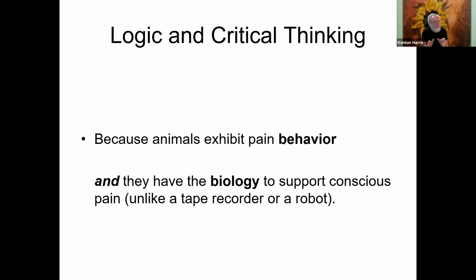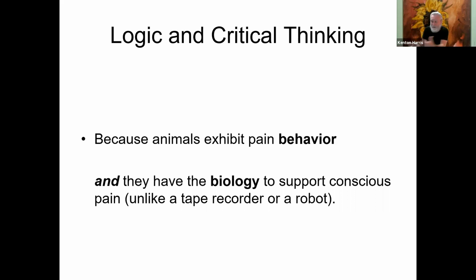So what we know about pain from our own personal experience is that, yes, it usually coincides with certain characteristic behavior, but it also coincides with a certain biology, that you need a brain and a central nervous system. Notice, if you interrupt the impulse from my hand to my brain at any place along the way, you could set my hand on fire and pain doesn't happen.